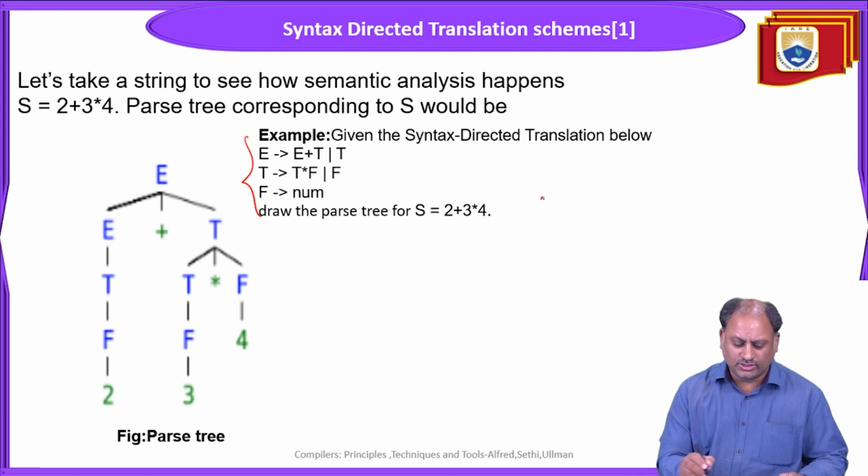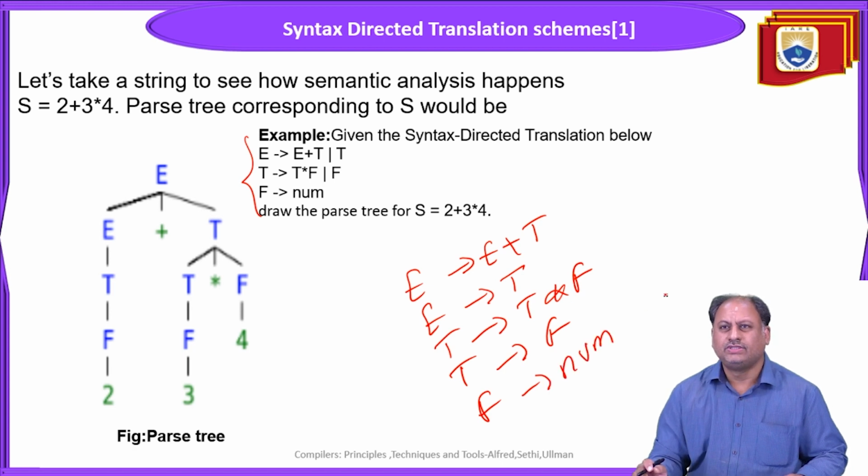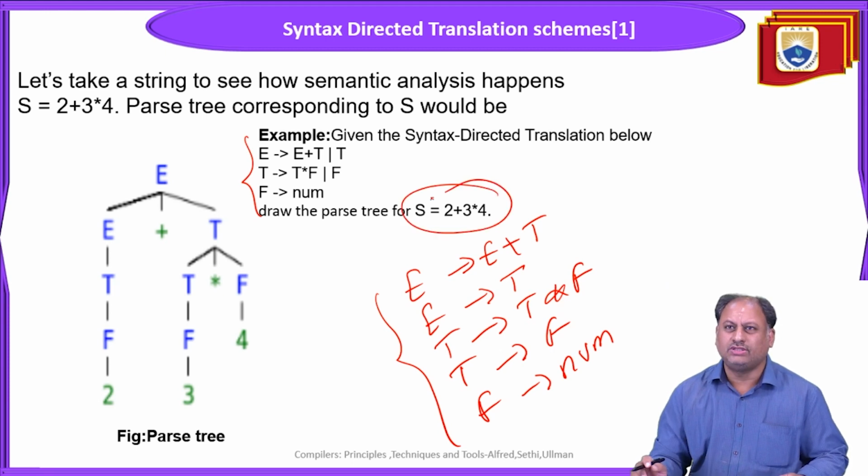The first one is E derives E plus T, and E derives T, T derives T star F, and T derives F, and finally F derives NUM. So this is the given set of derivations in this example. Now we have to construct the parse tree of the string 2 plus 3 star 4 by implementing the given productions with these rules.